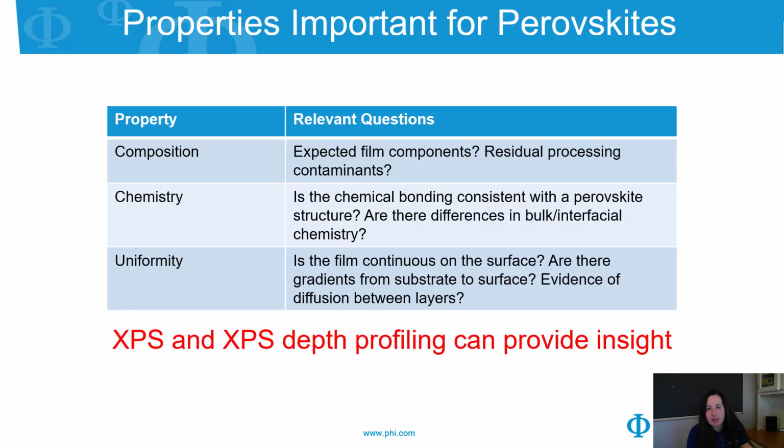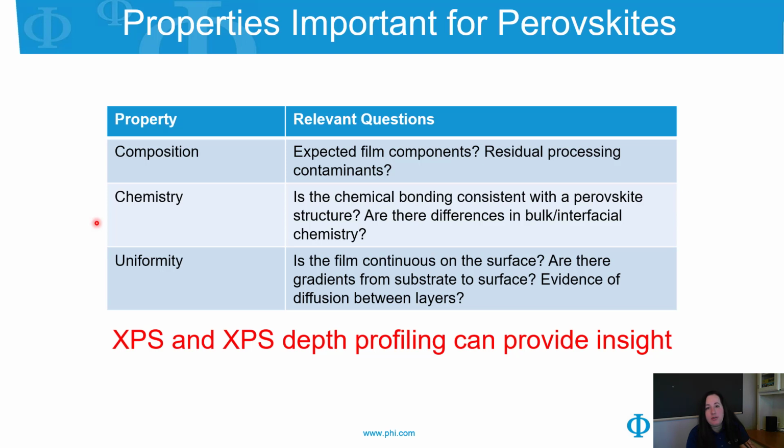So what kind of properties might be important for a perovskite? For example, the composition. In a film, do we see what we expect? Is there any residual processing contaminants left over? For chemistry, do you observe chemical bonding consistent with what the perovskite structure should be?